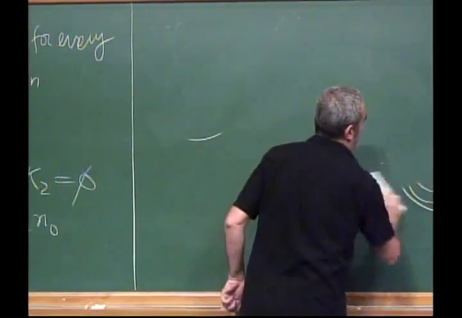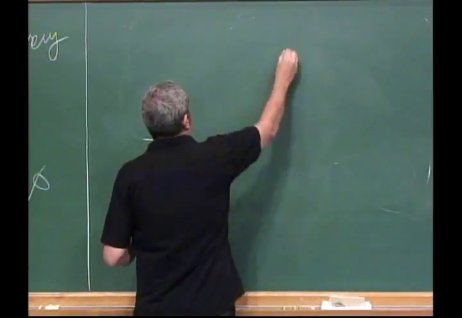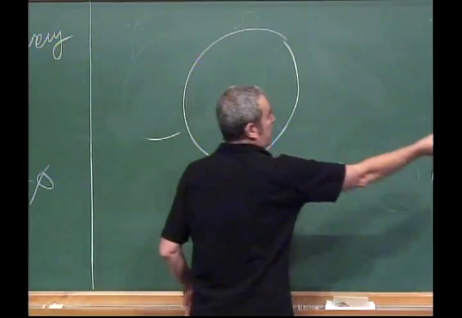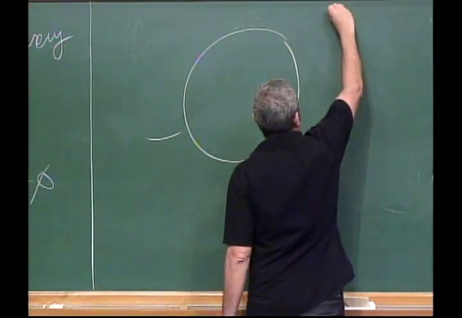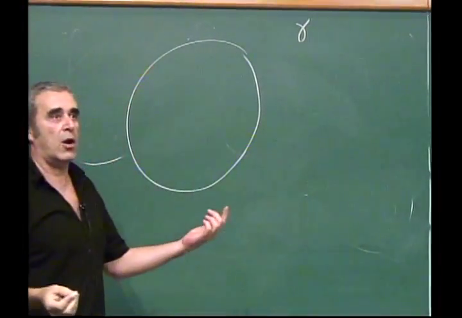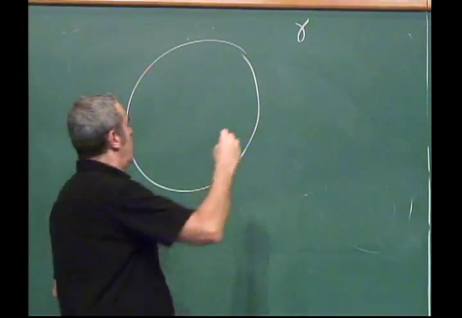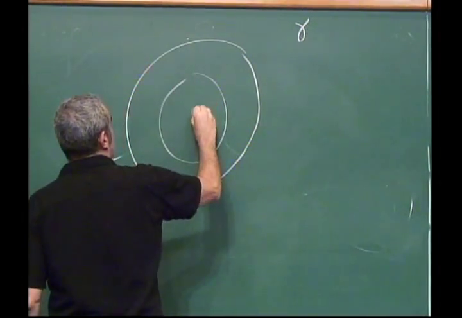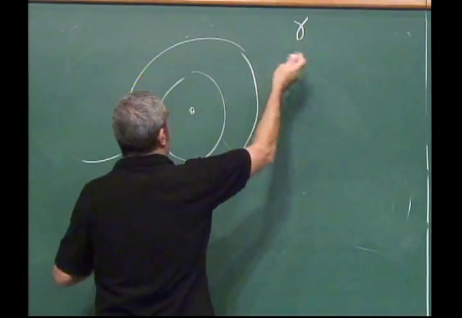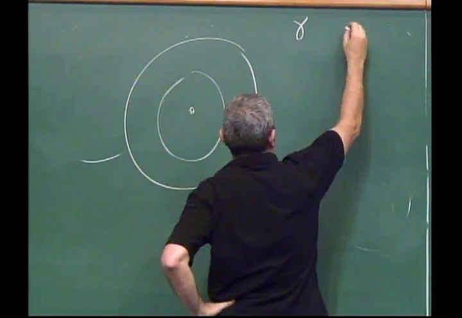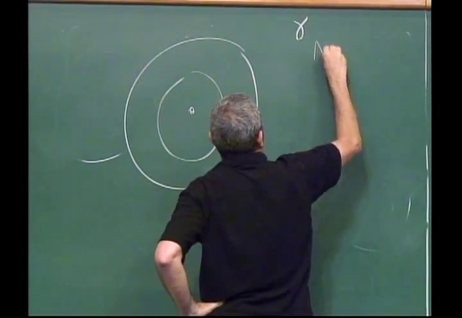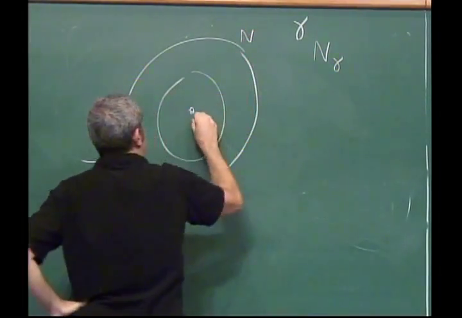So, I will use the following notation. When you have a curve gamma that is simple, closed and non-trivial, like this one that I was speaking about, you denote by north of gamma... This is north and this is south.